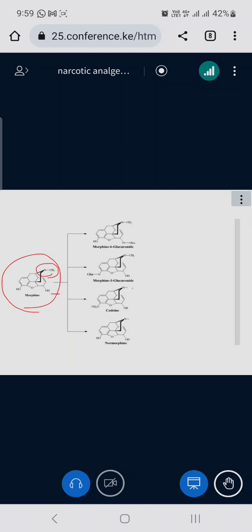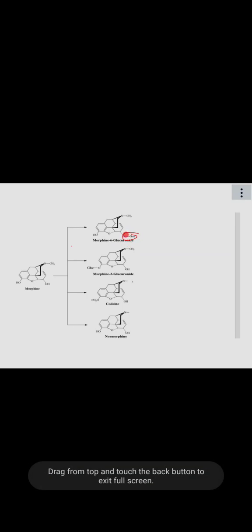And they're actually very, very simple methods of metabolism. So we are looking at that one, and you can form conjugates at position number 6. You can also get morphine-3-glucuronide, where the glucuronic molecule conjugates with the hydroxyl group at position number 3.